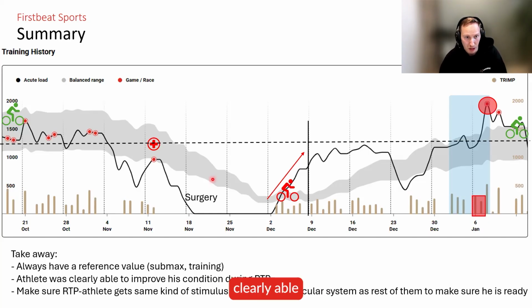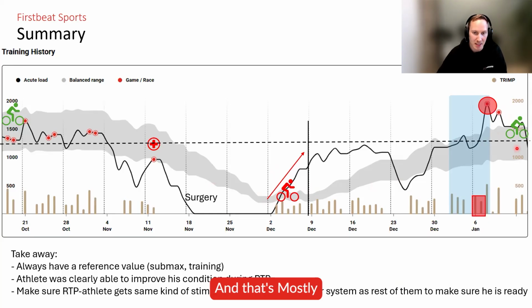The athlete was clearly able to improve his conditioning during RTP, so we started here from the poor results on the 1st of December, and then had good results on the 15th of January.